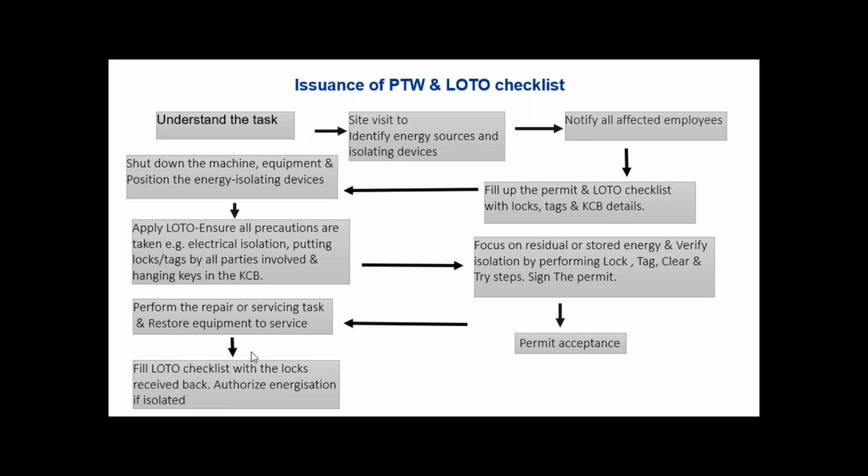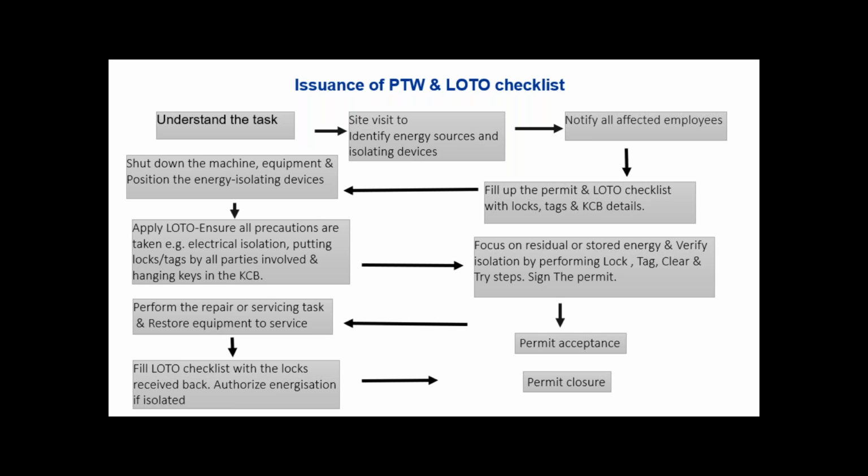That may be a production, that may be another type of work. So we have to fill the LOTO checklist again, and after verification that all the activities are in a safe mode, we can reload all these energy sources and we can do the activities in the routine style, then we can give the green signal to complete these activities.